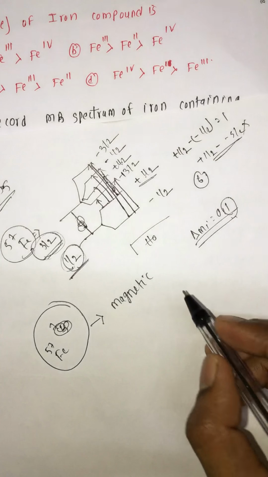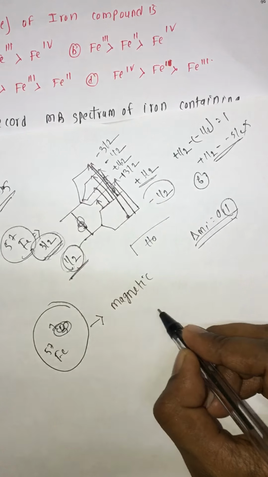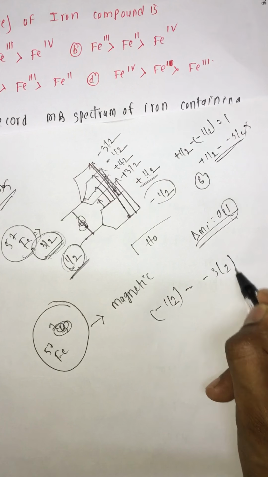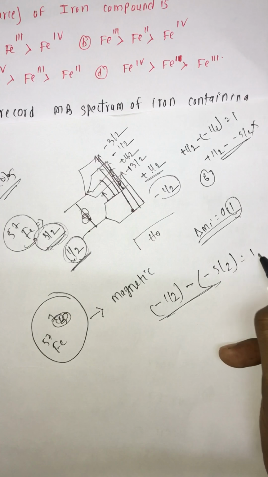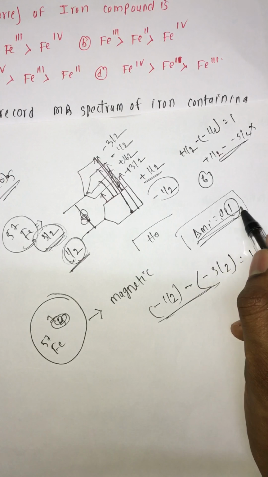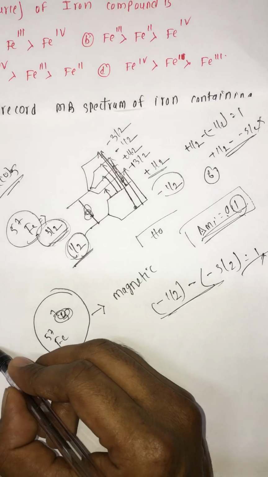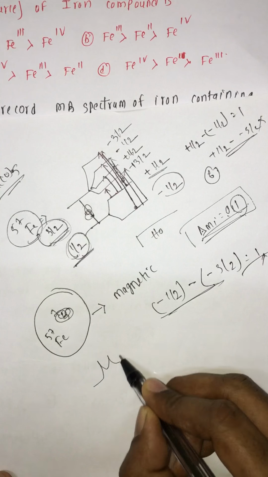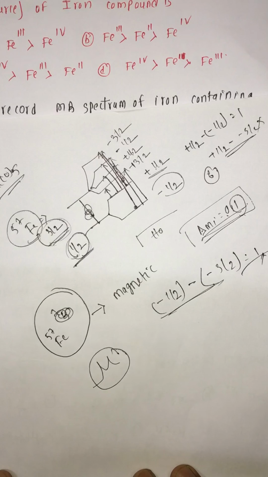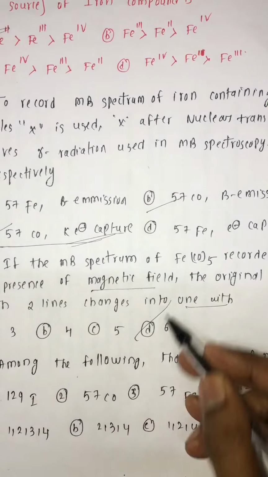Let's take this transition, minus 1/2 to minus 3/2. The difference is 1, and because the selection rule is delta m equals 0 or plus or minus 1, this transition is allowed. So originally we have a 2-line spectrum without a magnetic field, and when we keep it in the magnetic field, that converts into a 6-line spectrum. So here 6 is the answer.